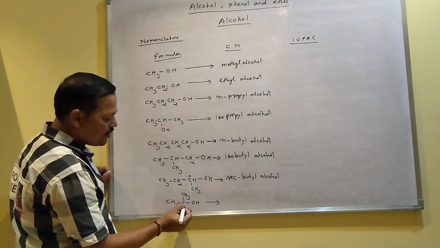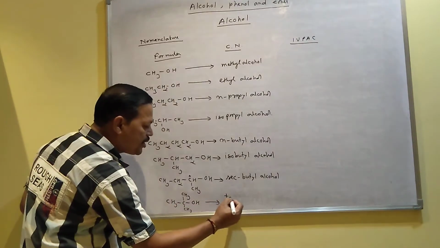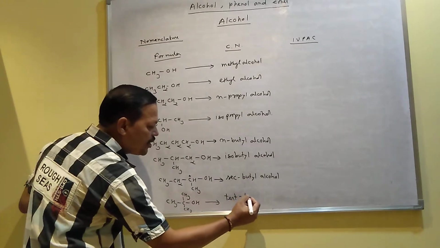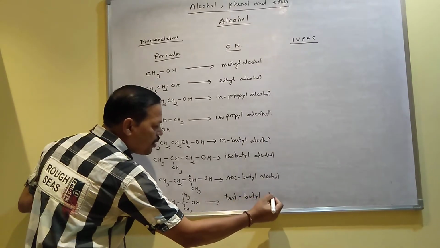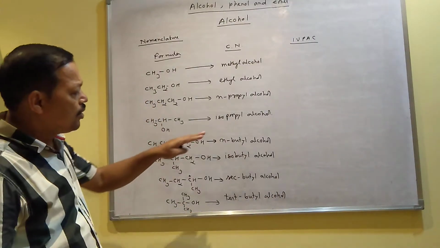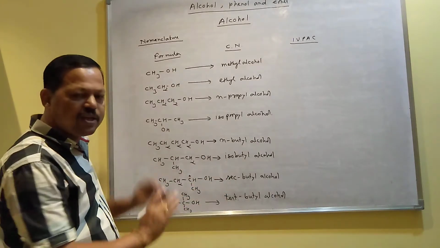And this is tertiary carbon, OH containing carbon is tertiary, that's why this is called tertiary butyl alcohol. TERT you can write in short form, tertiary butyl alcohol. So there are 4 butyl: normal, iso, secondary, tertiary. You should know the difference.